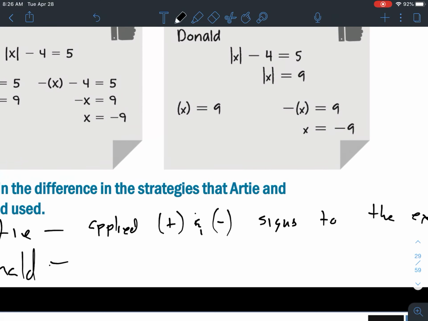I'm just going to put big parentheses like this for absolute value. Save some room. And solved.